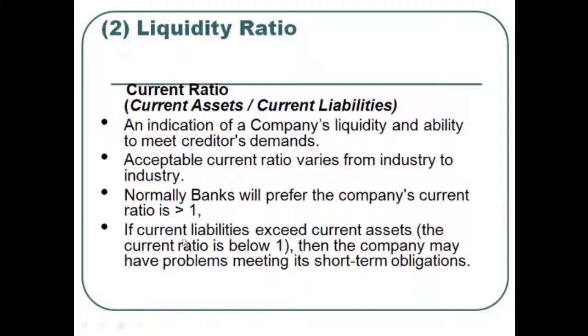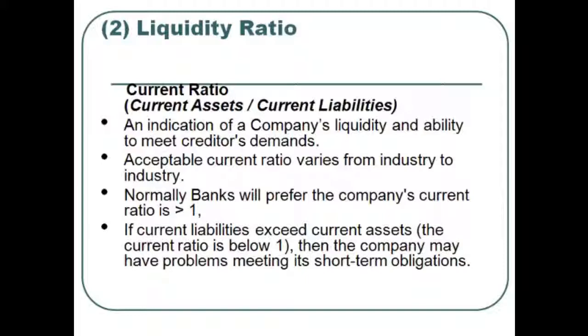If current liabilities exceed current assets, the current ratio is below 1, then the company might have a problem with short-term obligations. Say I sell my stock, I collect all my customers' money, I still cannot pay off all my creditors and bank loan, because the ratio is less than 1.